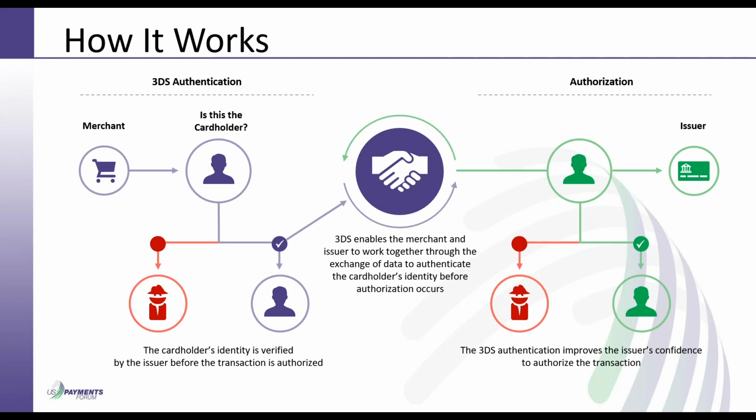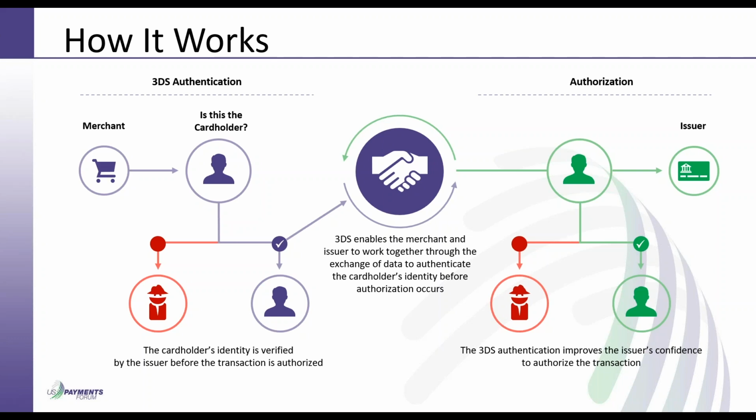So this slide provides simply a conceptual illustration of how 3DS works and where it's positioned in the payment process. But I think most importantly, this demonstrates that with cooperation between the merchant and issuer, the shared goal of having the transaction approved is more likely to be achieved. So again, this is all conceptual, but the left side represents the 3DS authentication process.